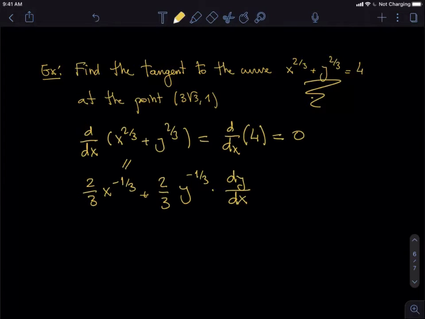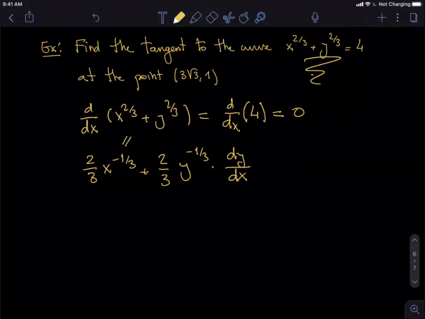And it is essential that we remember that y is defined here implicitly as a function of x. That's the reason why we get dy/dx here. If we forget this, then the problem will be impossible.